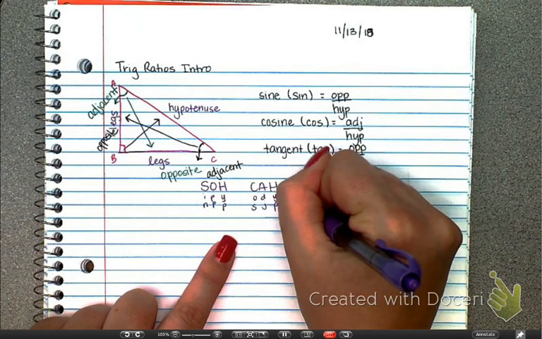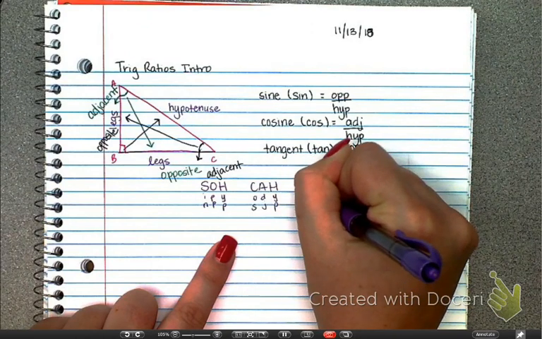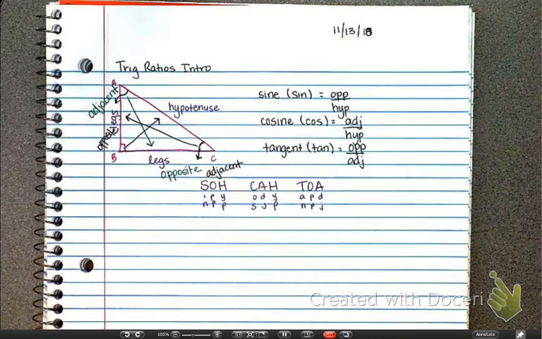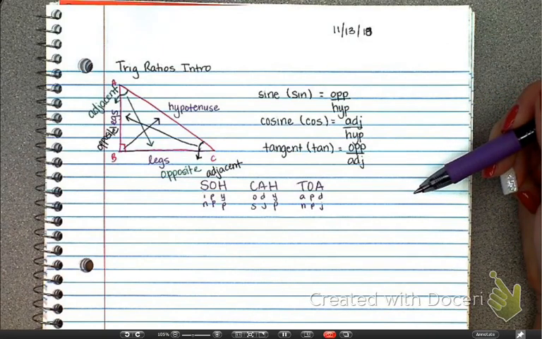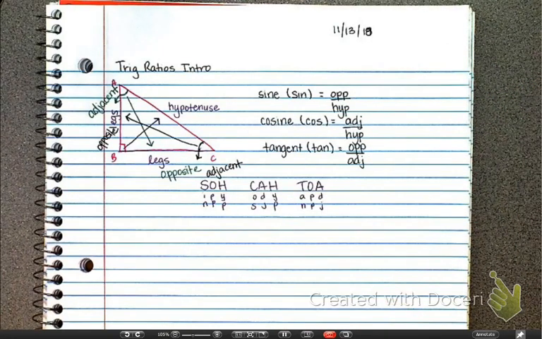Tangent equals opposite over adjacent. So instead of remembering the ratio, if you can remember SOHCAHTOA, you know what everything stands for. Do we see that?